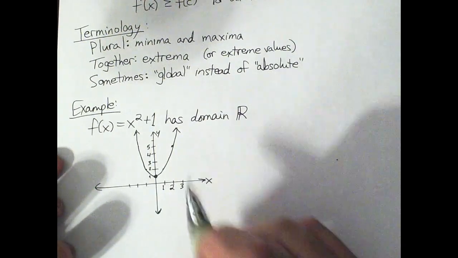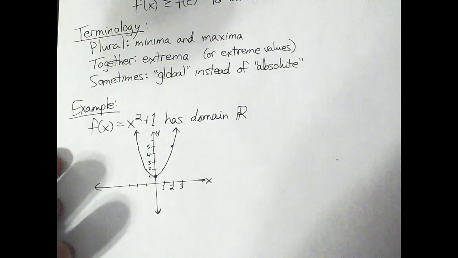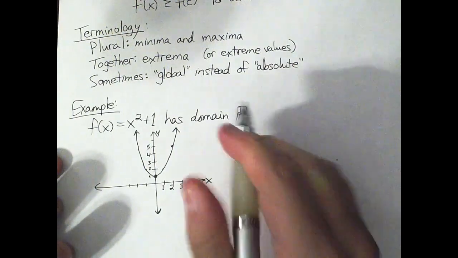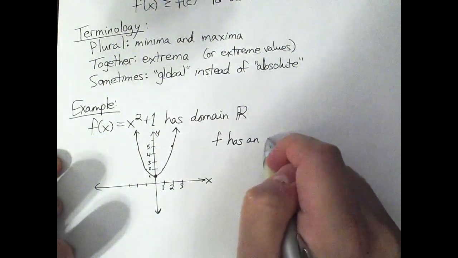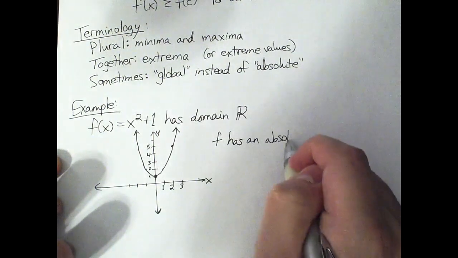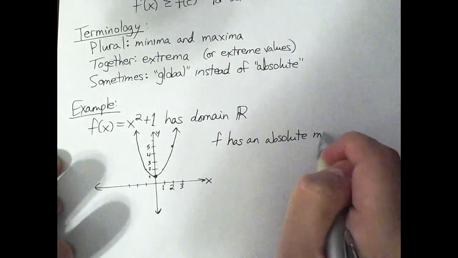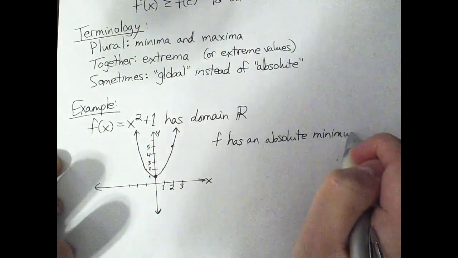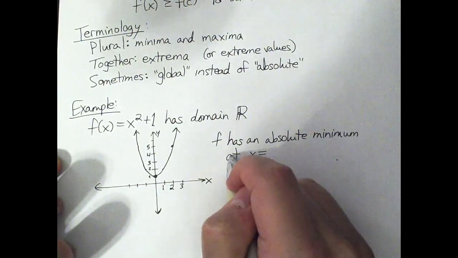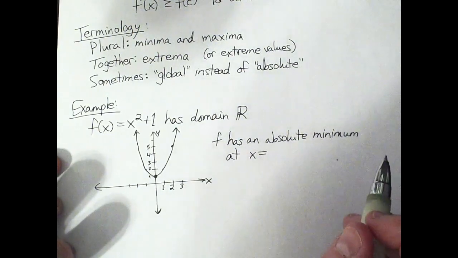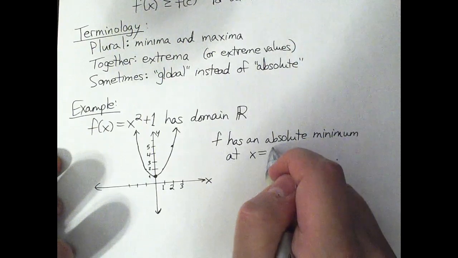Anyway, what can we say about the extrema of this function? Well, I'm going to say that f has an absolute minimum at x equals 0.